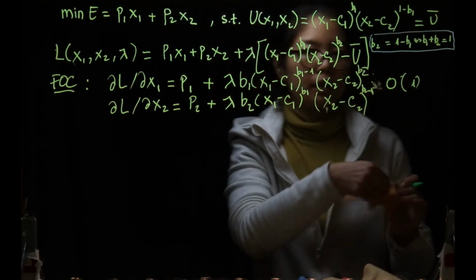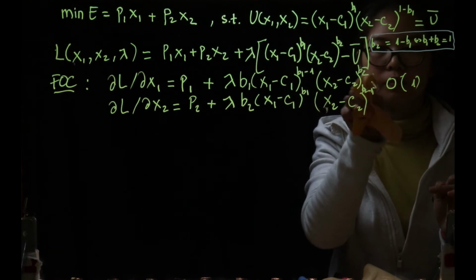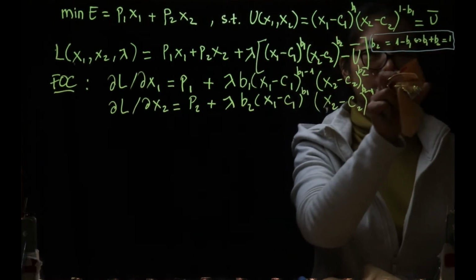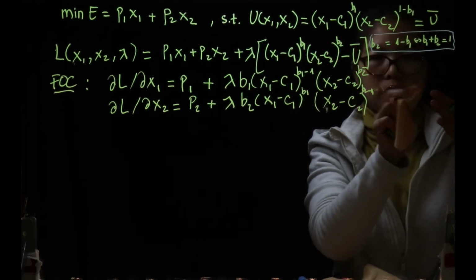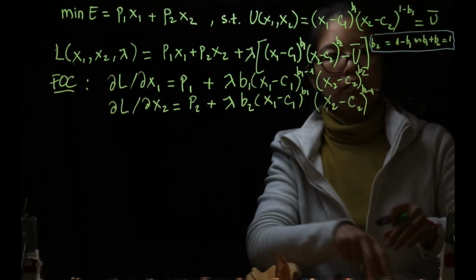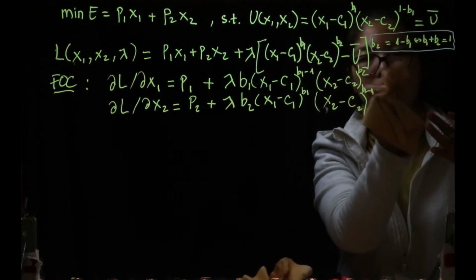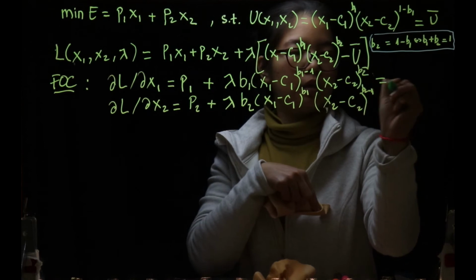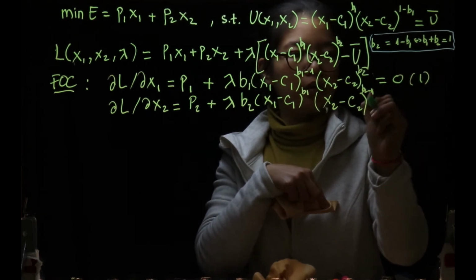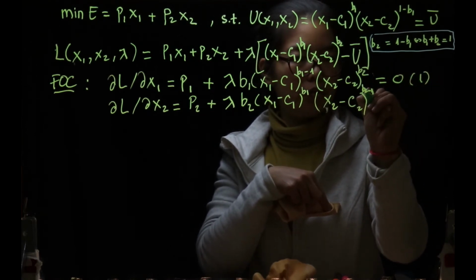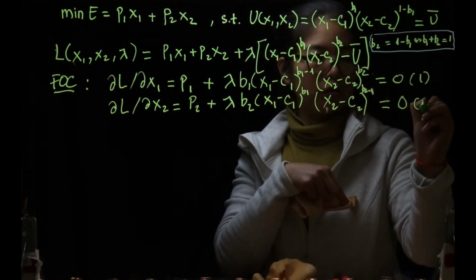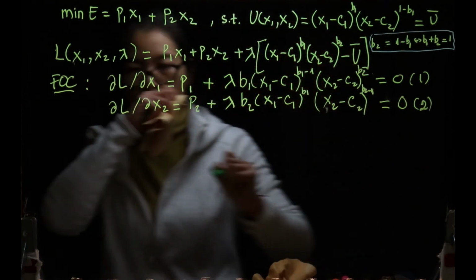I made a mistake here, which is not so nice. So let's write it here: P2 plus lambda times b2 times x2 minus c2 to the power of b2 minus 1 equals 0 also. This is the second equation.